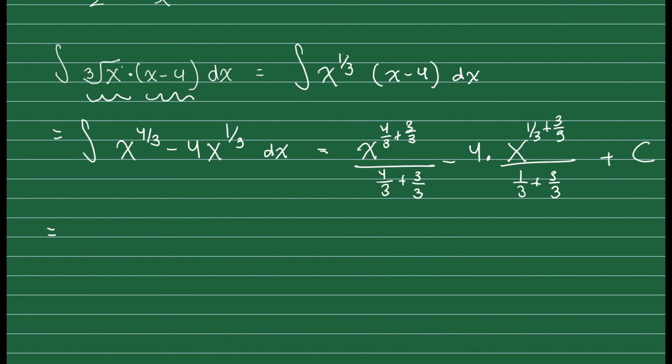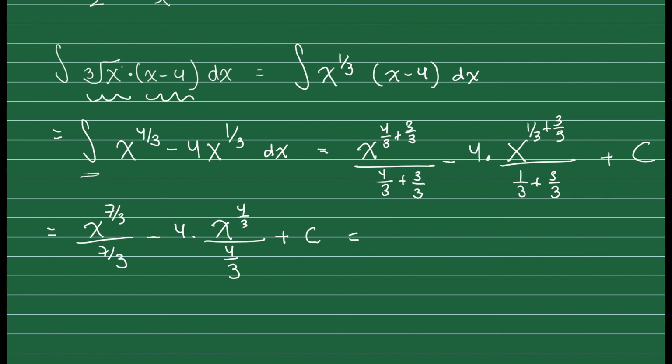And in this case, this becomes x to the 7/3 over 7/3 minus 4 times x to the 4/3 divided by 4/3 plus c.